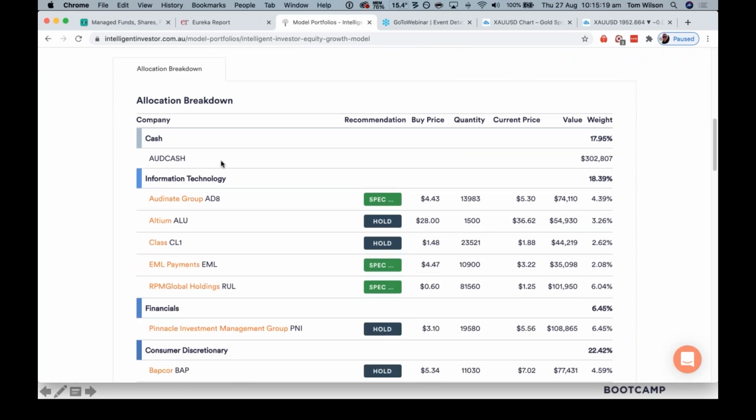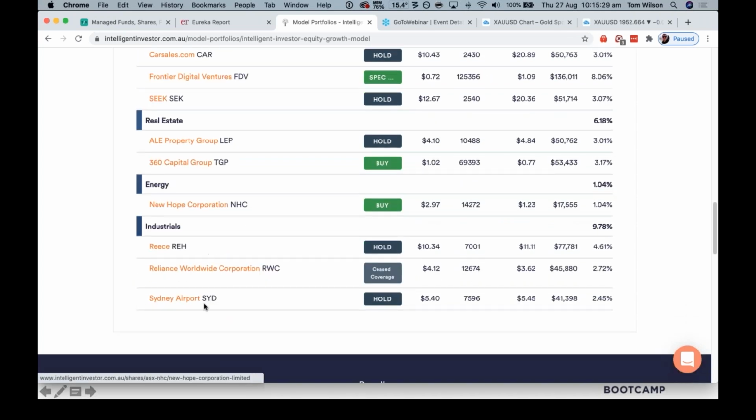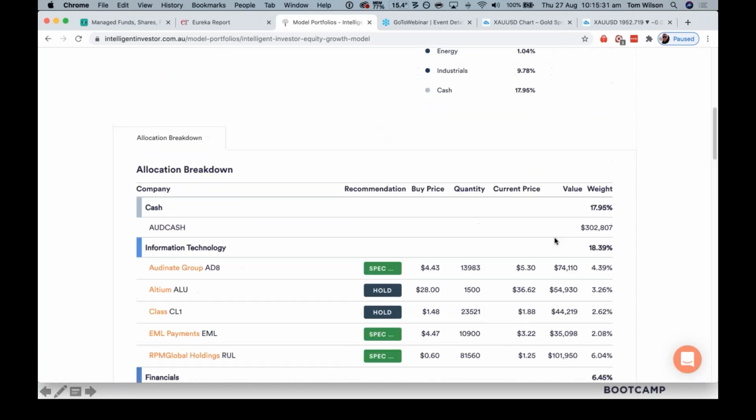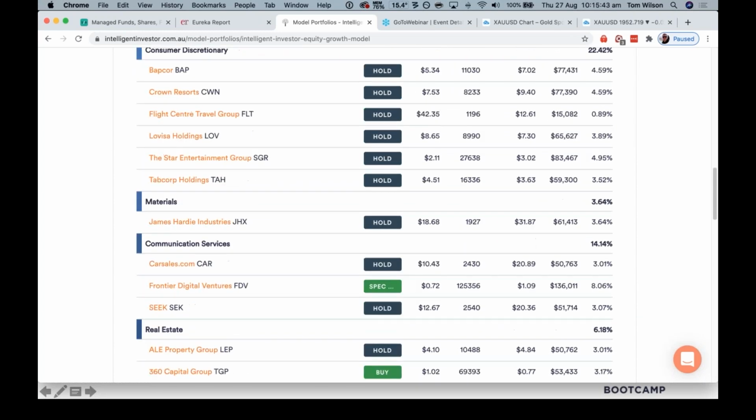There's some in cash, then they've also got their IT sector shares like Audinate, which is quite interesting, right down to energy and industrials as well. They give you separate recommendations, whether speculative buys or holds, and they show the weighting, so what it should make up of your portfolio. They actually give you a percentage on the right-hand side too.